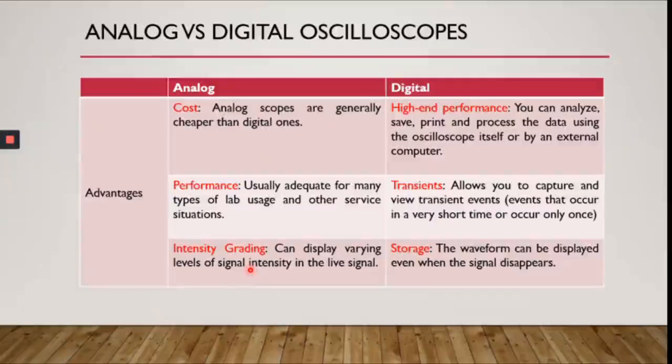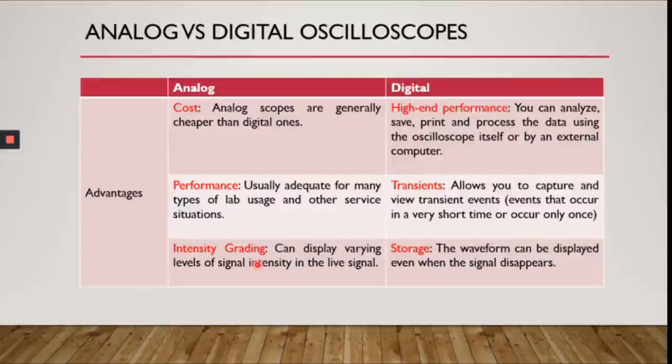And then another advantage for analog is that it has intensity grading. That means because the data is displayed in real time, if the signal is strong, then it will be represented as a brighter beam on the screen of the oscilloscope. If the signal is a bit weaker, then the beam will be less bright.